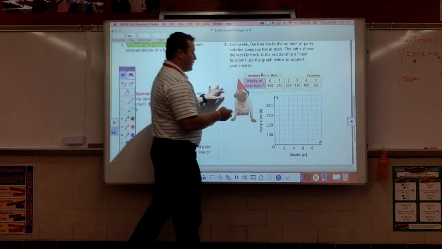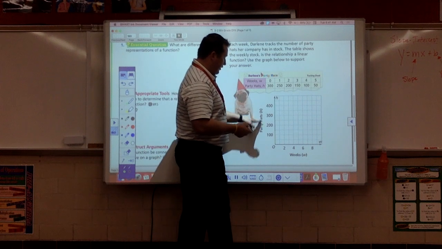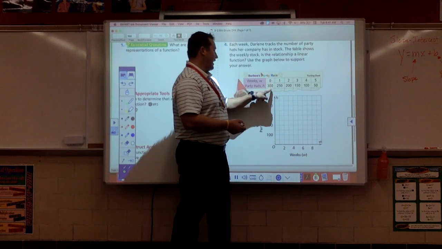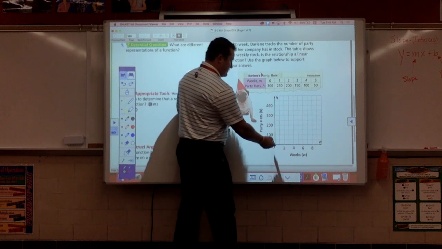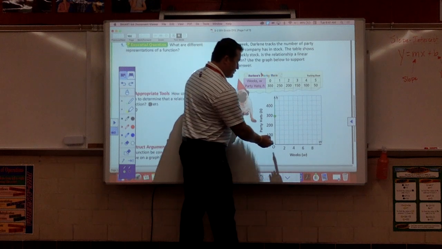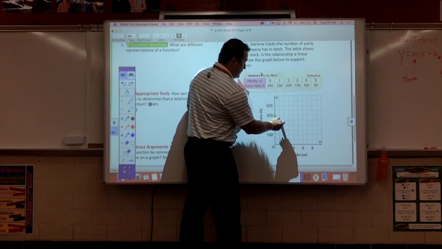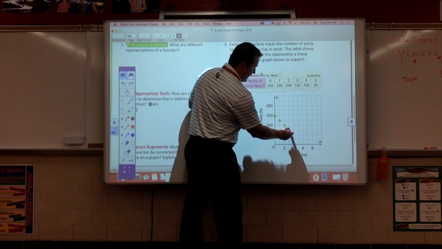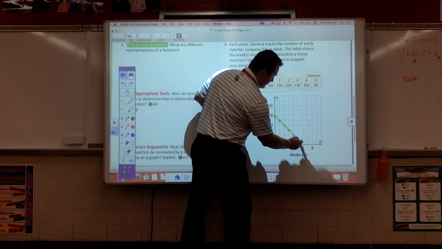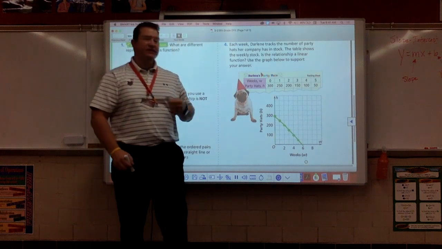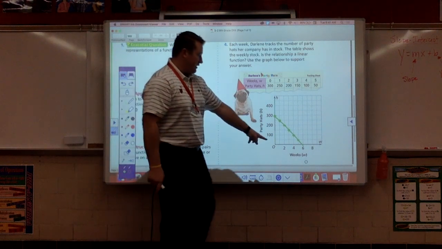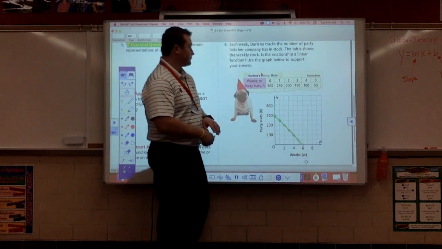So if we were going to graph this, guys, party hats here, weeks here. At 0 weeks, I have 300 party hats. After 1 week, I go down to 250. And then 200, and so on. How many weeks does it take until I'm out of party hats? That's right. If you said 6 weeks, you're good to go.